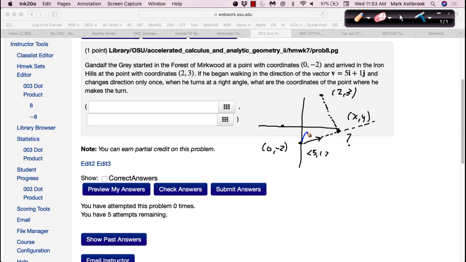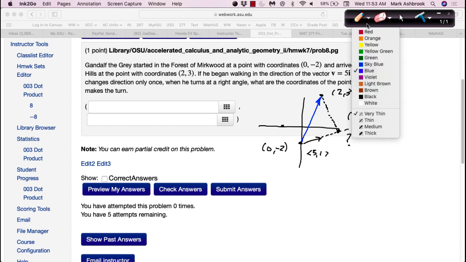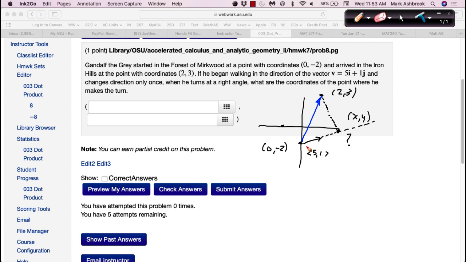Would that help? So create that vector. And now, by looking at the situation, that blue vector, really what would solve this problem? What would solve this problem is if we had this red vector right here. See that? If we knew that, then we'd be home free, right?